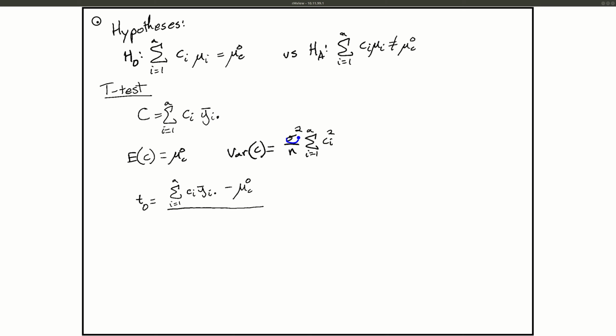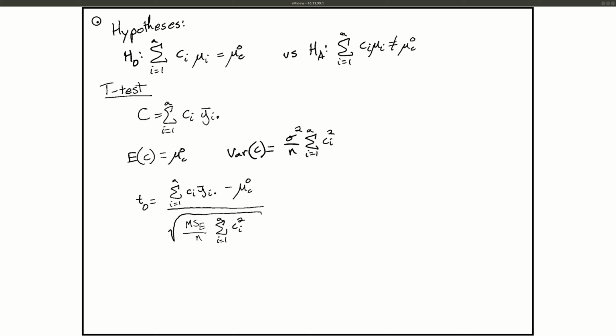So we plug in our best guess for sigma squared, which in ANOVA is our mean squared error, and then take the square root. So the standard error of our contrast is the square root of the mean squared error divided by n times the sum from i equals 1 to a of all of our contrasts c sub i squared.